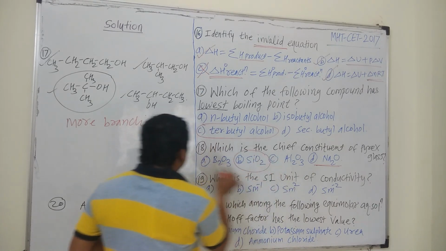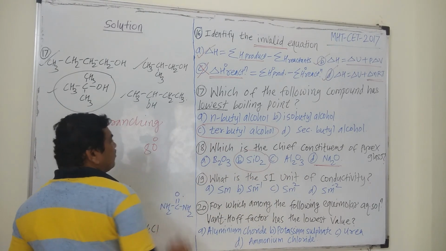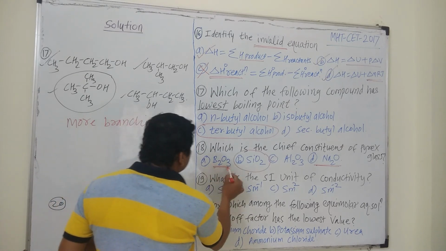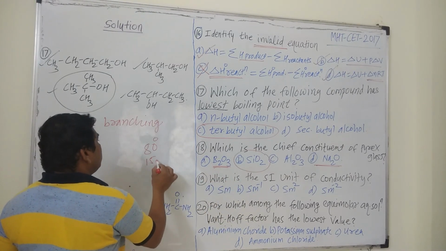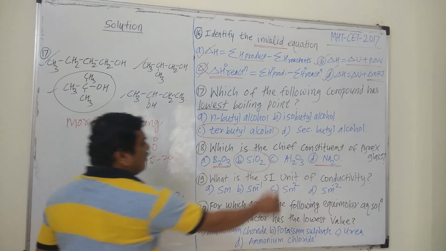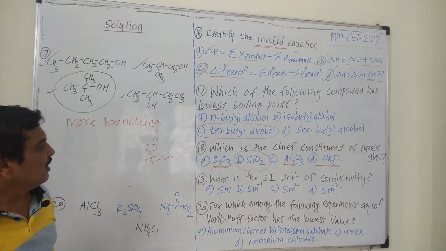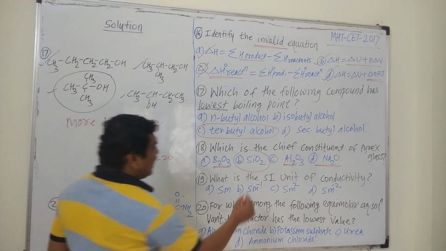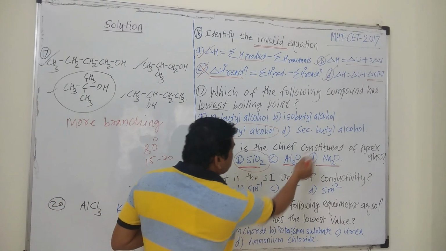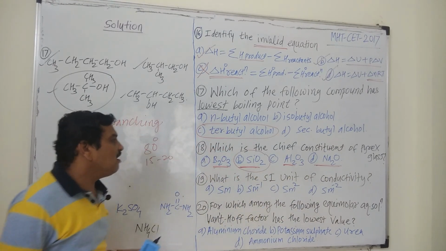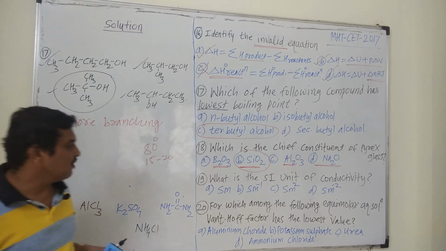Maximum is SiO2, it is 80 to 85%. Then B2O3 is 15 to 20%, and the remaining is alumina, Al2O3. Hence the correct option is SiO2, the chief constituent of Pyrex glass. This is a knowledge based question.